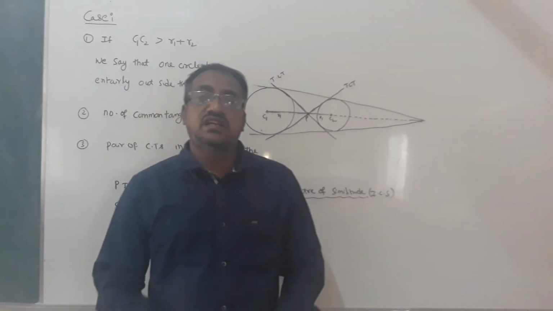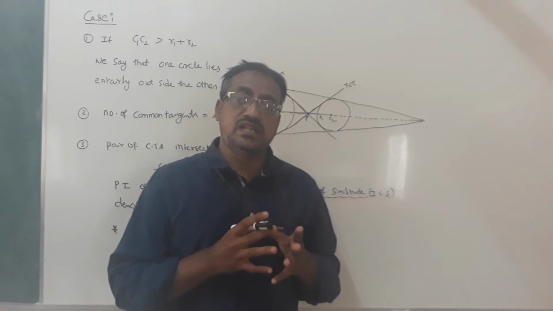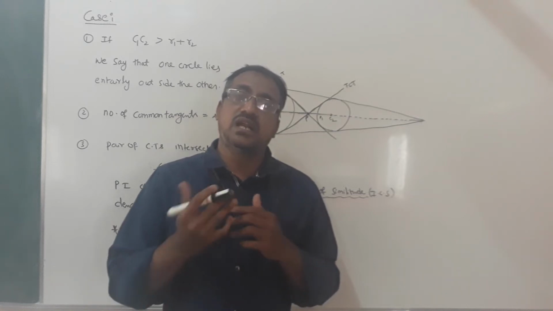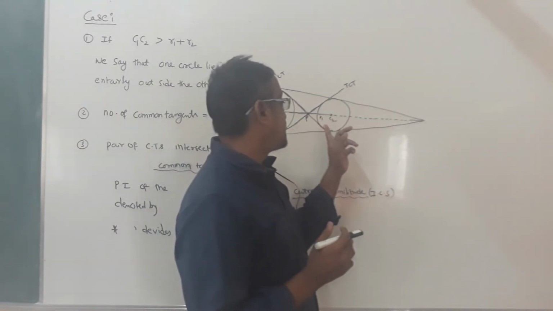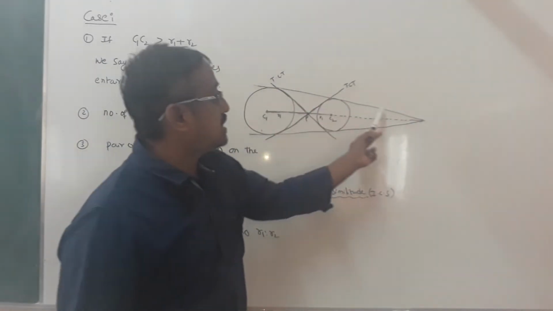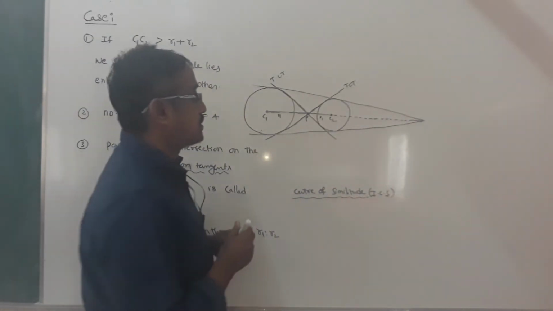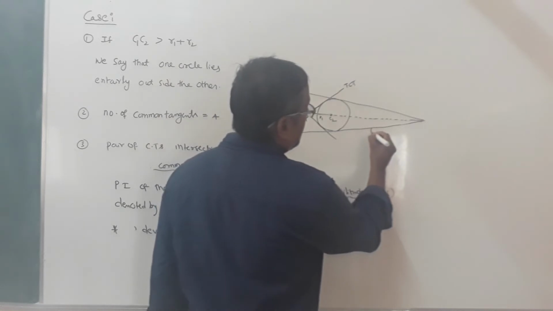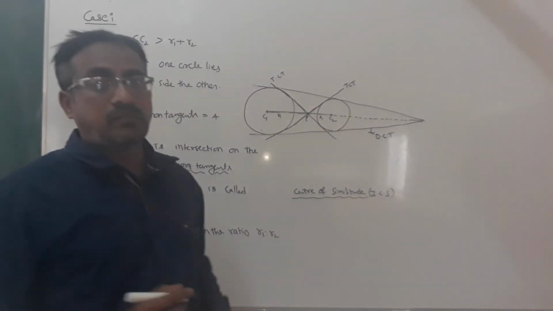Now there is another pair of common tangents that are intersecting on the extended line segment joining C1, C2. These pair of common tangents are called direct common tangents.